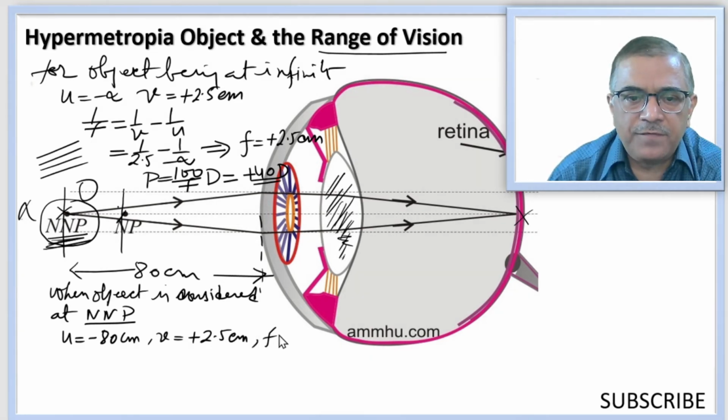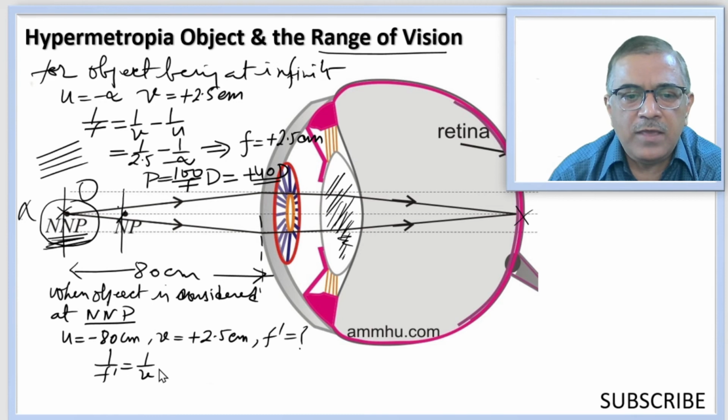Let us assume f dash to be the focal length in the new context. It can be calculated using the lens formula: 1 by f dash is equal to 1 by v minus 1 by u. If you want to write v dash and u dash, you're welcome.